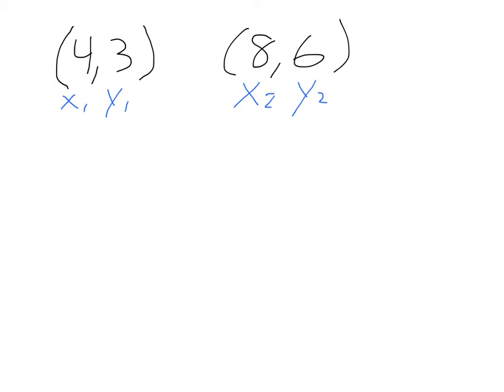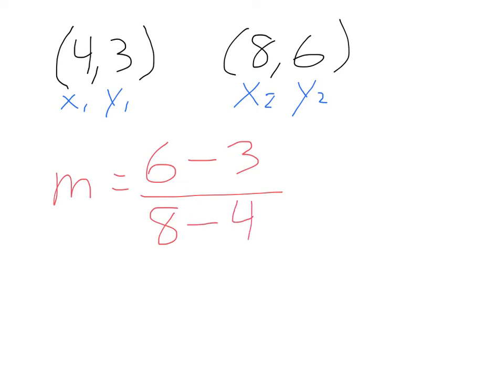So then the slope is nothing more than y sub 2 minus y sub 1 over x sub 2 minus x sub 1, which gives me 3 over 4. So the slope of the line that contains those 2 points is 3 over 4.